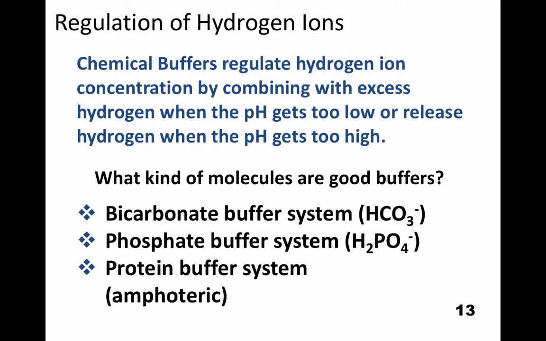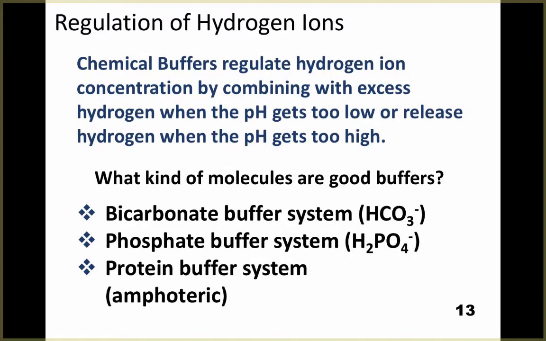You have the bicarbonate buffer system, which you can see here. You have the phosphate buffer system, and then you have proteins, and they are amphoteric, which means they basically have positive and negative on both of them. So how this works, I can just show you more for you to look at so you can understand how they work, versus me testing you exactly on this.